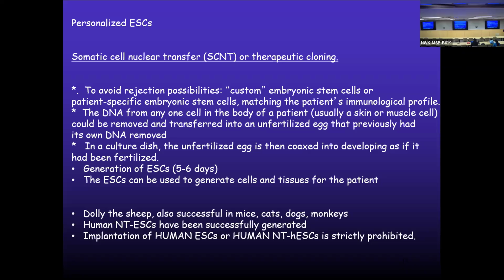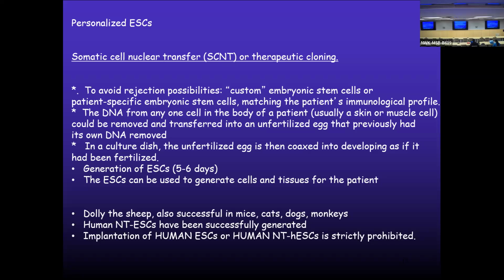I will take the nucleus of any cell of my body and put it into an enucleated egg, an egg in which the nucleus had been removed, right? So I swap the nuclei.